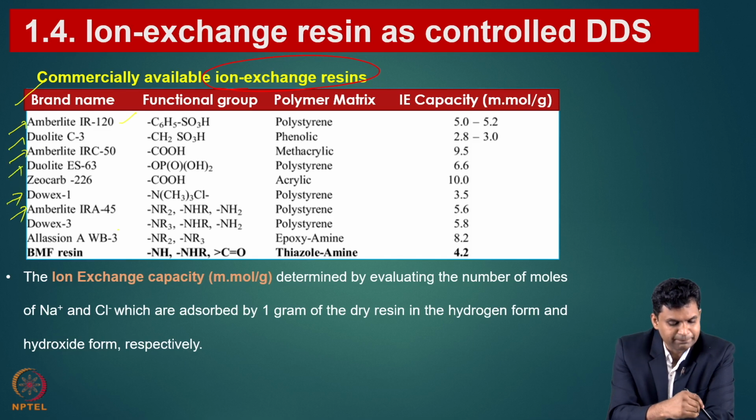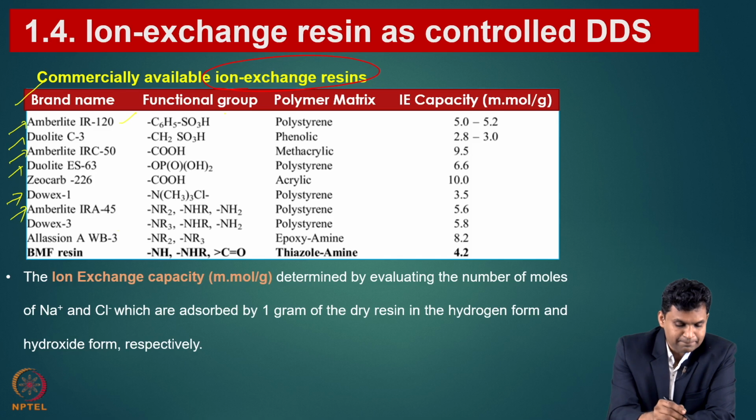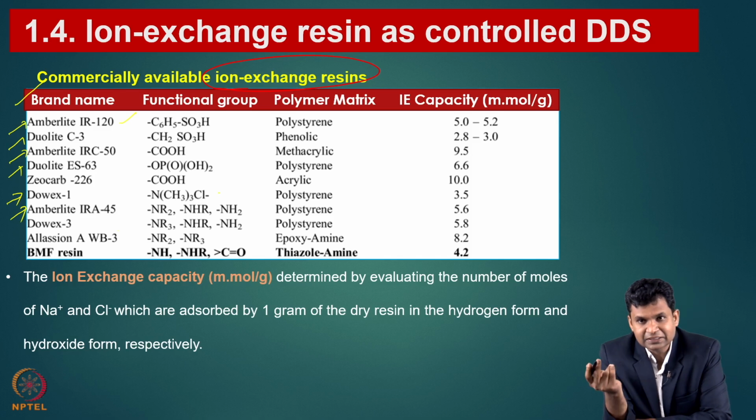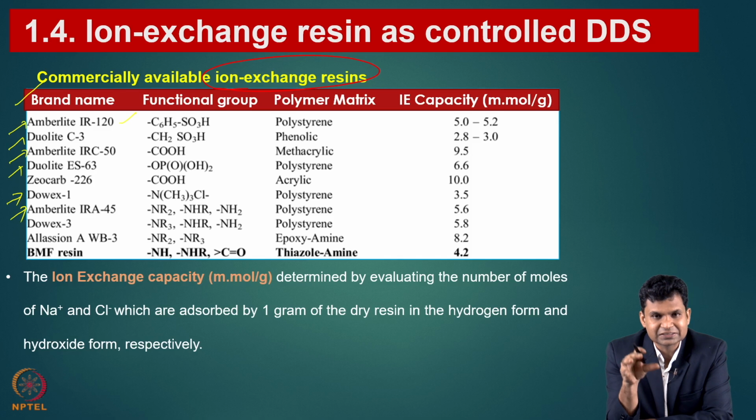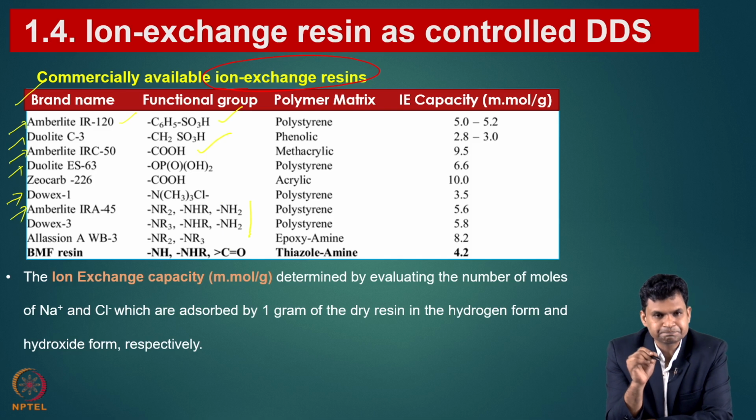These are various companies that develop ion exchange resins, and if you know your drug properties, whether your drug is cationic or anionic, based on that you need to select the right type of resin for the preparation of the ion exchange resins. These contain sulfonic acid, carboxylic acid, and you can see amino groups also.